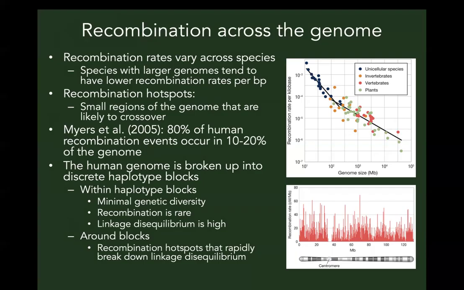Within each block, there's not that much genetic diversity, there's no recombination, and there's very high linkage disequilibrium. But between these blocks, you have recombination hotspots that break down linkage disequilibrium. So you have chunks of haplotypes that get inherited together, but each of these chunks can get separated from each other, and that chunk can end up in new combinations.